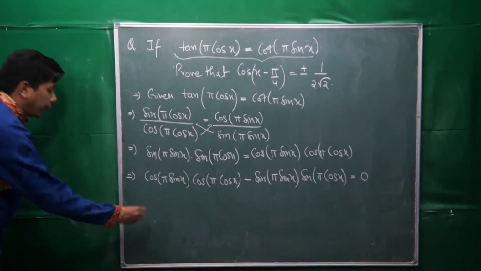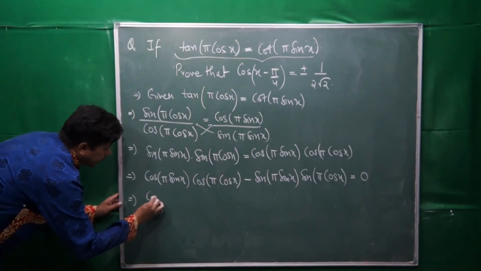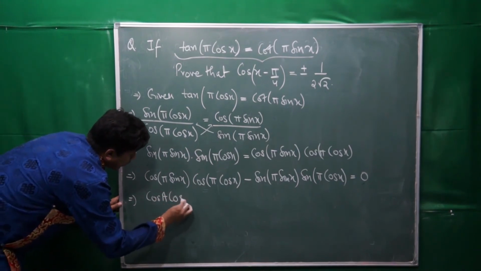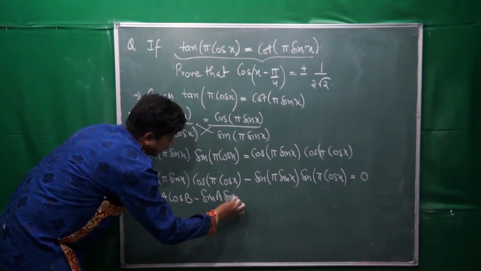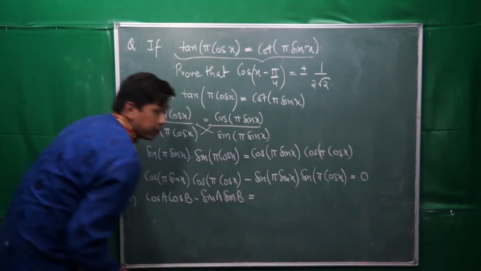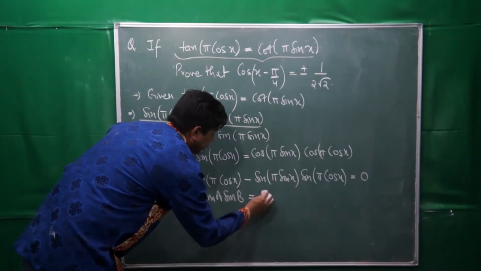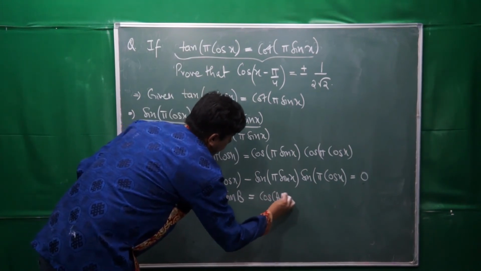Simple. So what is the formula for cos A cos B minus sin A sin B? It is equal to, easily stated, cos (A plus B).